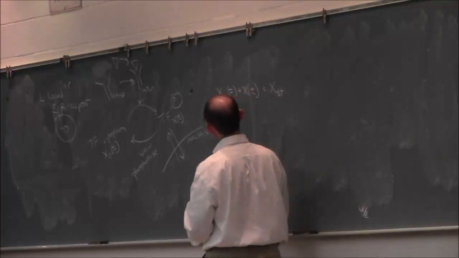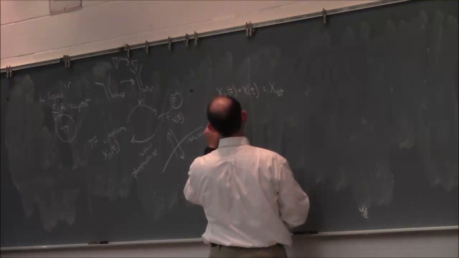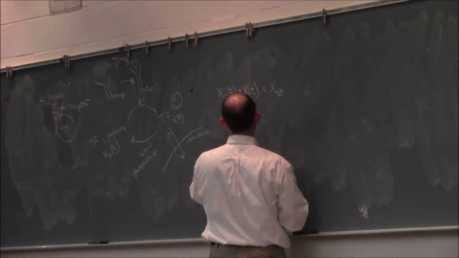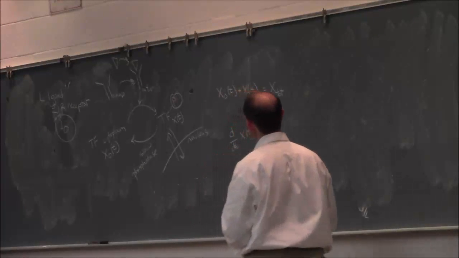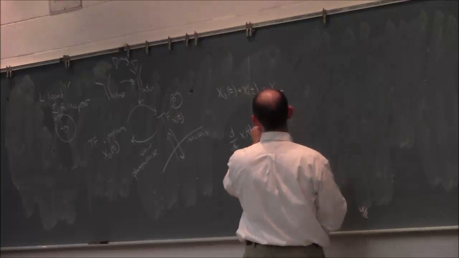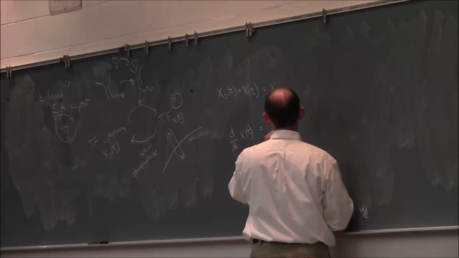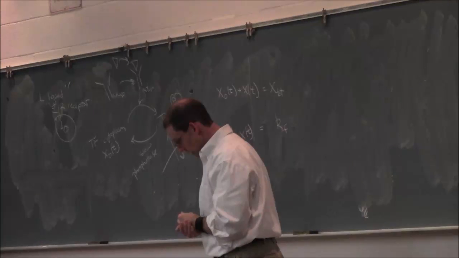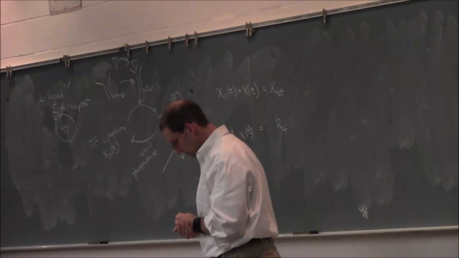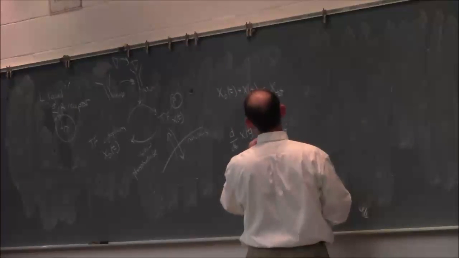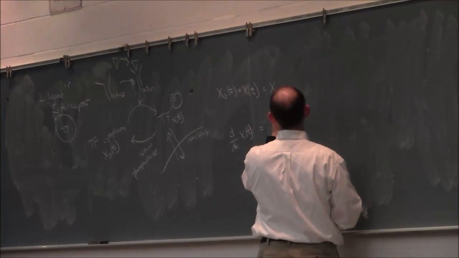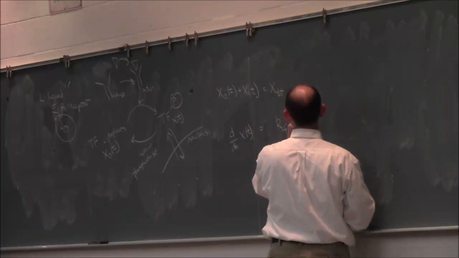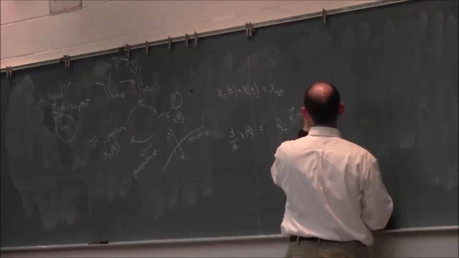So chemical kinetics: we are focused on d/dt of X of t equal to K forward times X0 of t times the ligand, minus K backward times X of t.